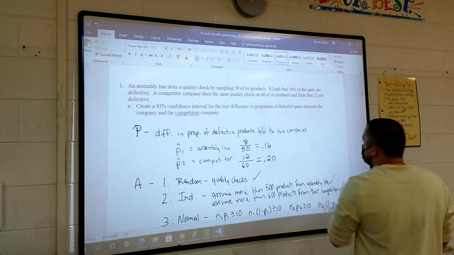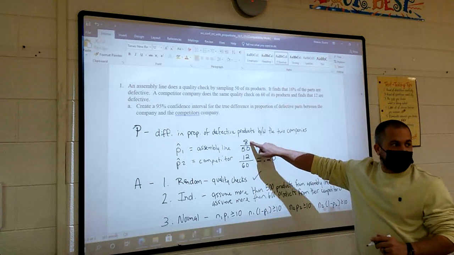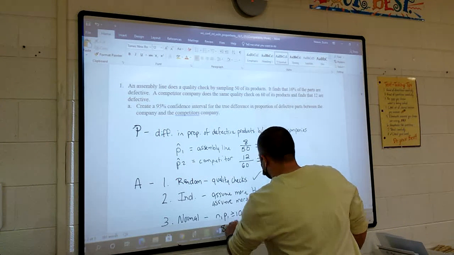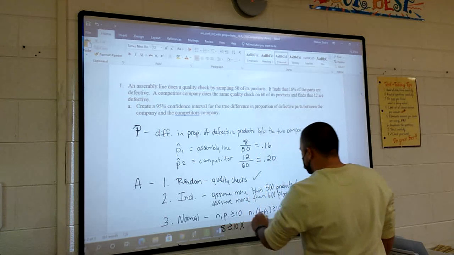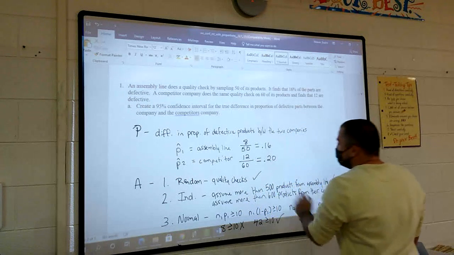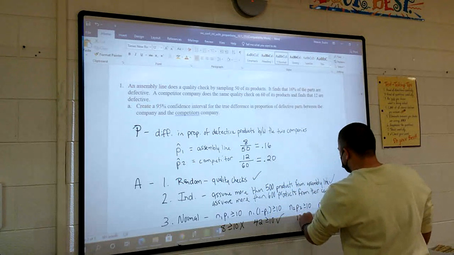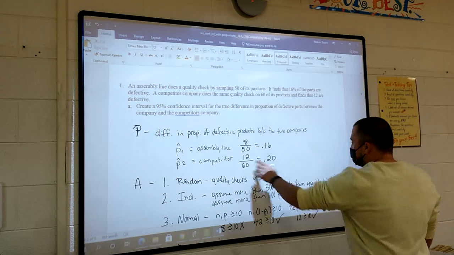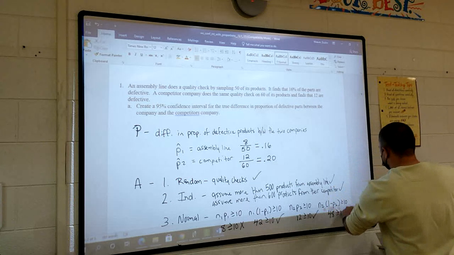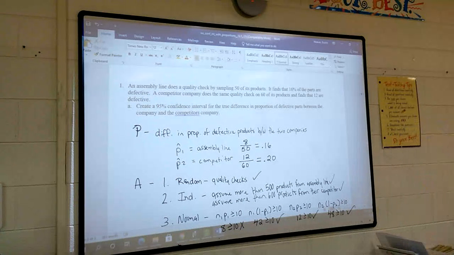So the first one, you have 8 greater than or equal to 10. That is not true, so we get an X. Then 42 greater than or equal to 10, true. Then 12 greater than or equal to 10, true. And 60 minus 12 gives you 48 greater than or equal to 10, true. So it did not pass the normal condition.